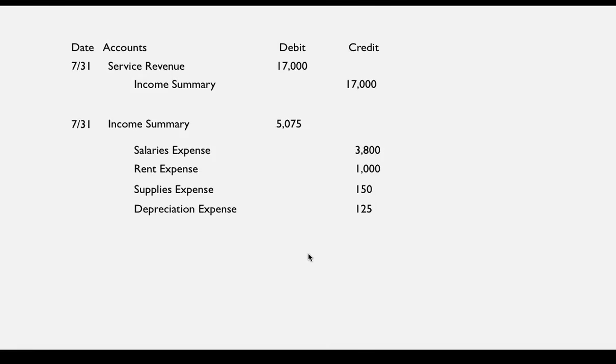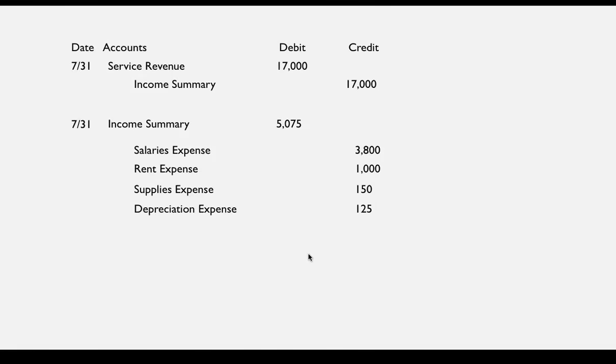Because going back to a few of our rules for journal entries, your debits have to equal your credits. So our credits in that closing entry added up to $5,075. So we needed to make sure that our debit equaled $5,075 as well. So those are the first two closing entries.